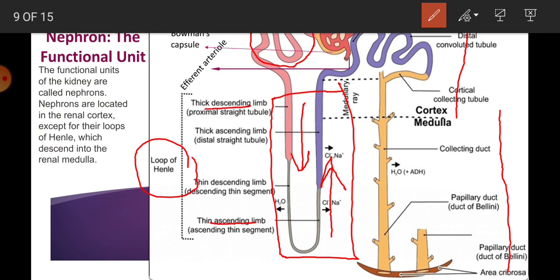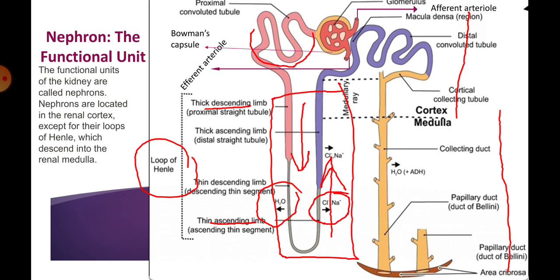The descending limb is permeable for water and it only permits water to go in and out. The ascending limb is permeable for ions and it permits only ions to pass. Thus their absorption and reabsorption helps to osmoregulate our body.